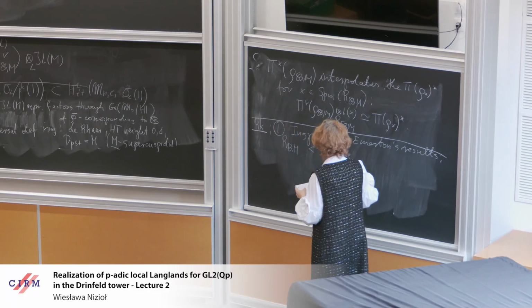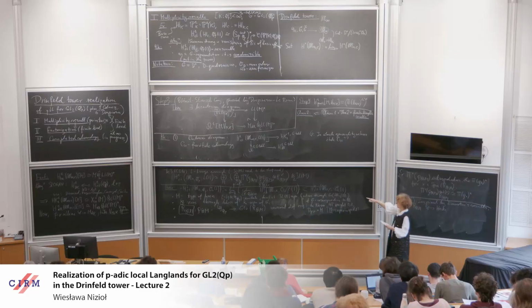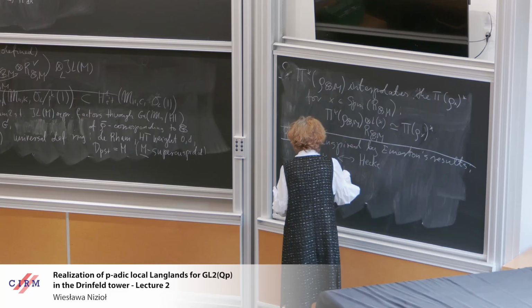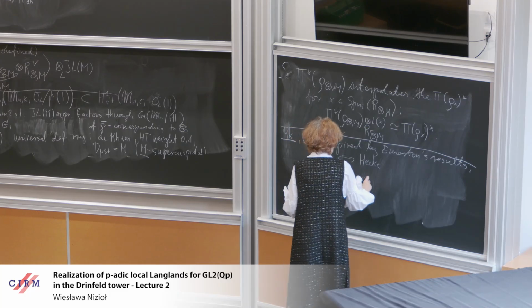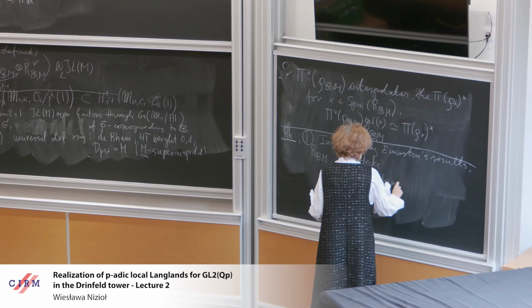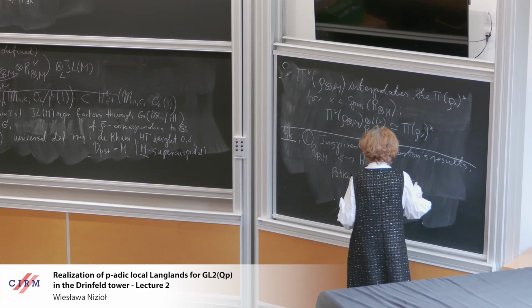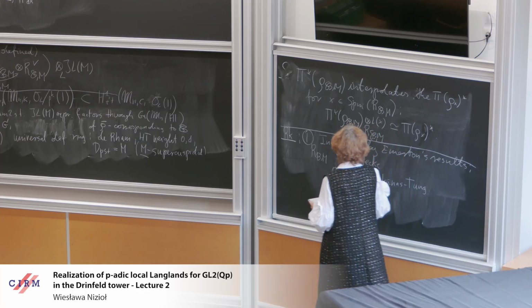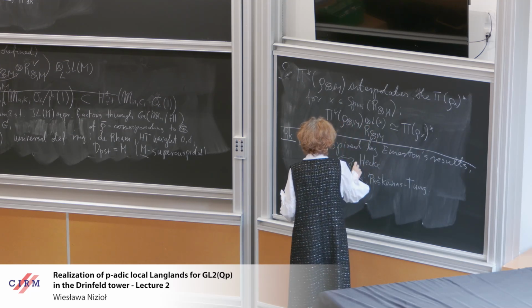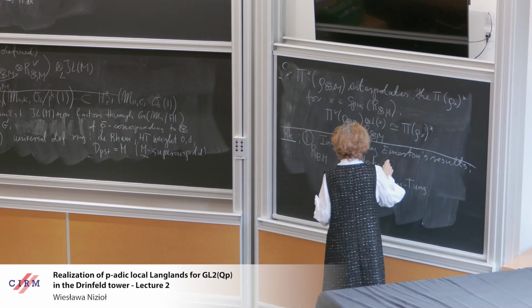So this object here, the deformation ring. If you look at Paškūnas's work on the subject, Paškūnas and, I think, Tung, they actually prove an R equals T result, right?